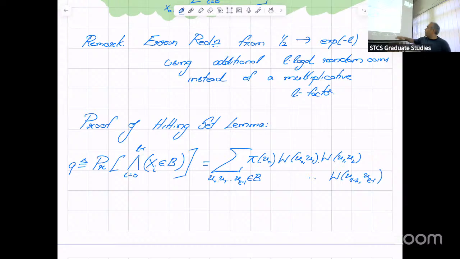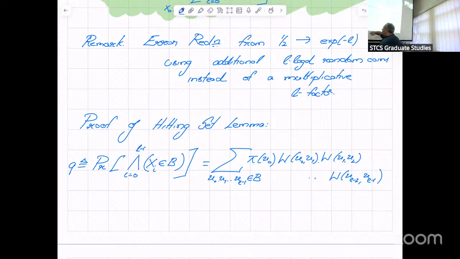This is exactly the probability that you take this particular walk, and you run over all possible such walks. Some of them might be 0, but this is exactly this probability. Is that okay? I just opened it out and wrote it.